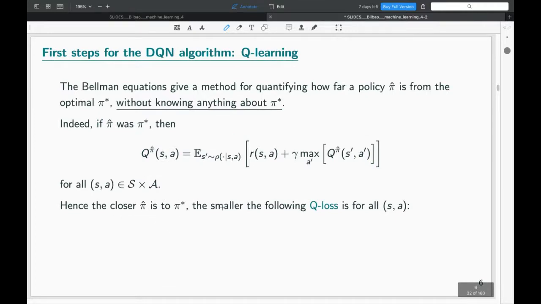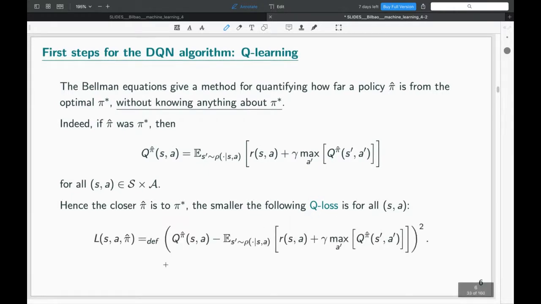So the closer pi hat is to pi star, the smaller the following value is. And this is just the square error between these two values, which I denote LSA of pi hat.